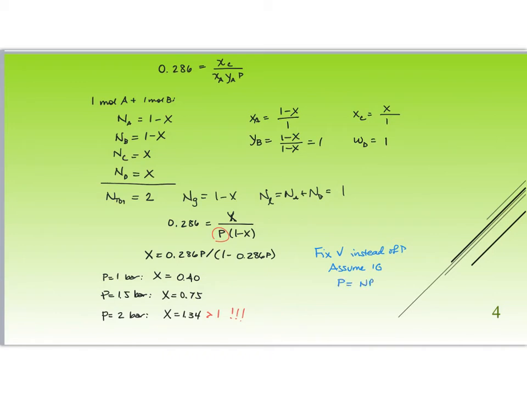P is nRT over V, and n, this is for the gas phase, so that's the number of moles of D, and so therefore it's 1 minus X times RT over V. Our expression, therefore, holding volume constant, becomes X over 1 minus X, squared, times RT over V. This is for a fixed volume.